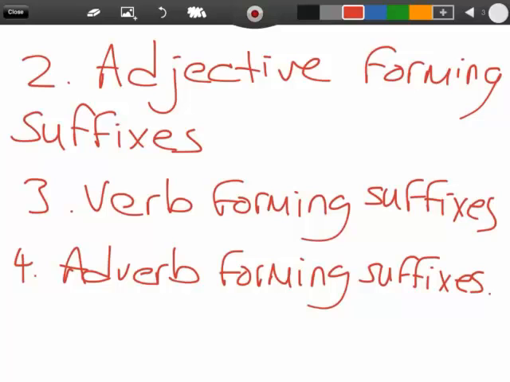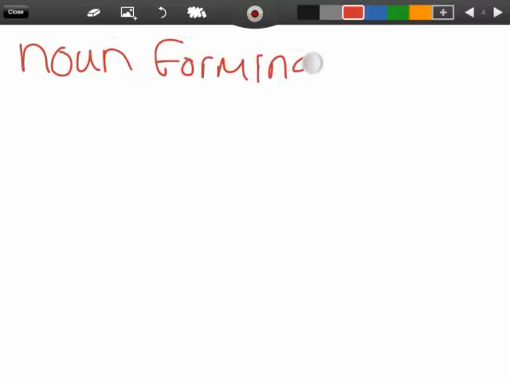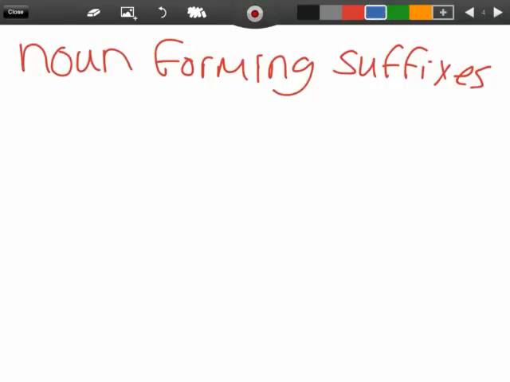I'm going to go ahead and start from the noun forming suffixes. I'm going to give you the first one.